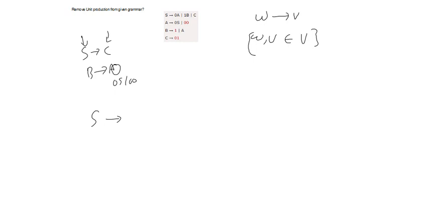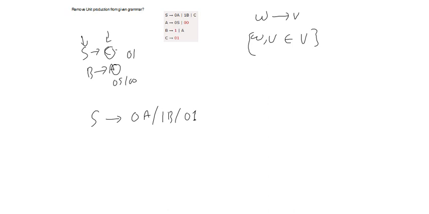And whenever you are removing C, you replace C with its production rule 0 1. So the resultant grammar will become S implies 0A slash 1B slash, and instead of C you will write the production rule of C, which is 0 1.